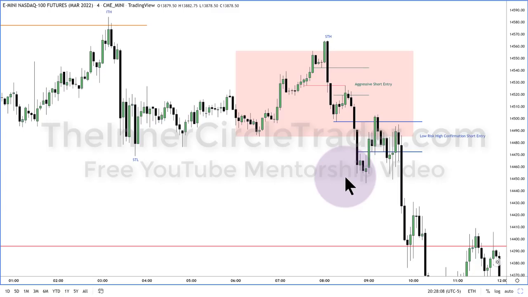The idea is this. When you see an imbalance get rebalanced, the high formed as it rebalances should not be violated by price going higher than that if you're bearish.